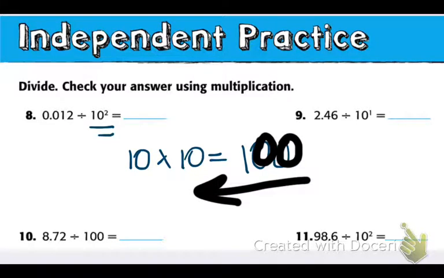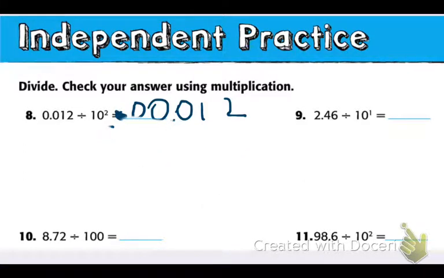So again, I know that I'm going to need to add another 0, because the decimal right now is here. In order to move it 2 places, I need to add an extra 0. So that makes that number 100 times smaller. So I know I have the right answer.